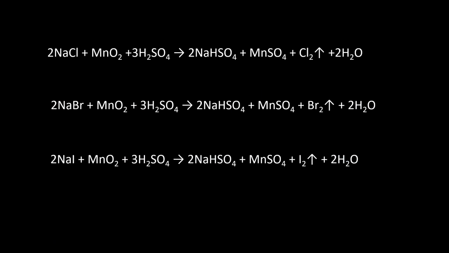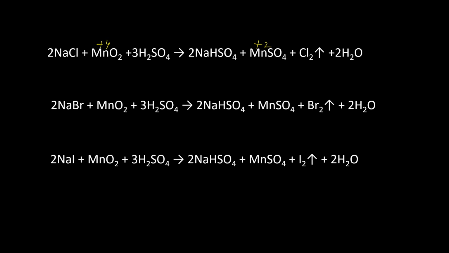Okay. Now what is the reaction involved here? See, chloride ion, manganese dioxide is an oxidizing agent, concentrated sulfuric acid is also an oxidizing agent. So here chloride is oxidized to chlorine and manganese, which is in the +4 state, is reduced to the +2 state. And chlorine gas is evolved, which is a greenish yellow gas.